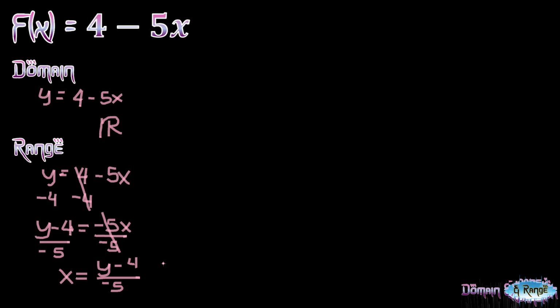Looking at this, since our y can be found in our numerator, we can substitute there any real number. There is no restriction as to the value of y. Because if we substitute here 1, the result for x is a real number. Even the square root of 2, even 1/5 or 1/2, the value of x is still a real number. In short, the range for the linear function represented by the given function is also the set of all real numbers with no restriction.